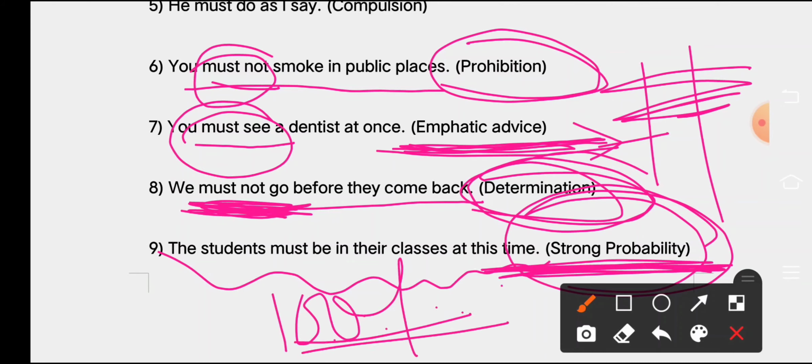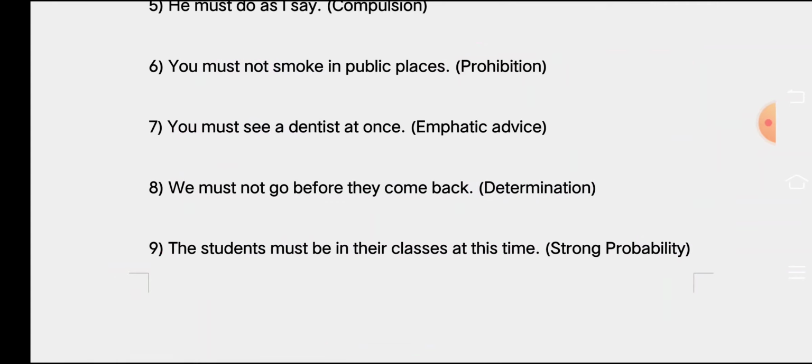अगर हम बिग प्रोबेबिलिटी की बात करते हैं तब 50-50 हो सकता है कि कई तो पानी पी रहे होंगे, कई वॉशरूम्स में होंगे, कई बाहर खड़े होंगे. ऐसा नहीं. जब स्ट्रॉन्ग प्रोबेबिलिटी है तो मतलब है कि क्लास में ही होने चाहिए, ठीक है. So this is what, here also we will use must, right?